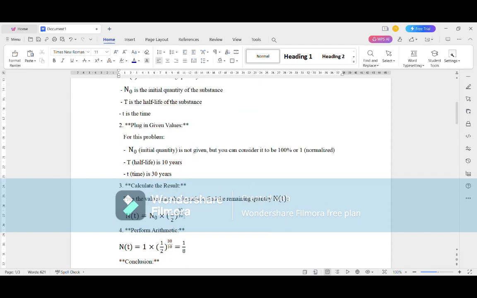So now we have the formula N(t) equals 1 times (1/2) to the power of 30/10, and that totals 1/8.